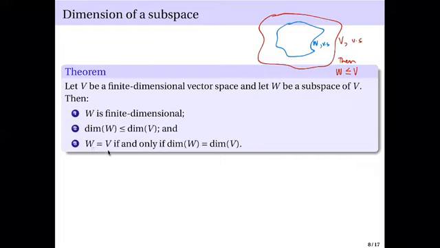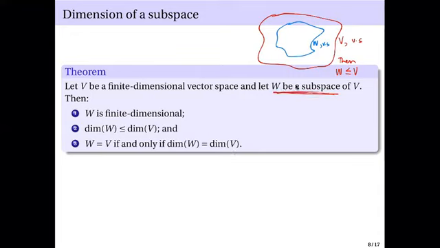Your W equals V if and only if dimension of W equals dimension of V. If you break this down into two parts: if W equals V, then the dimension of W equals dimension of V. The second part is, if the dimension of W equals dimension of V, then W equals V. But again, keep in mind that your W is a subspace of V. Take note of that condition here.